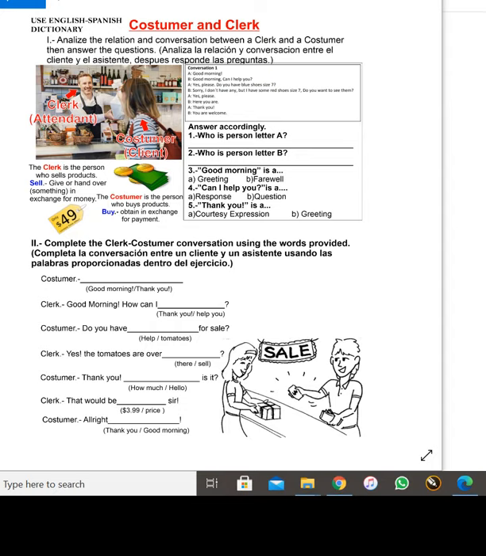All right, so now moving to the questions. It says answer accordingly. Depending on the type of question is the way that you are going to answer the question. So number one, who is person letter A? Remember, person letter A, we said that it's the customer or client. Number two, who is person letter B?